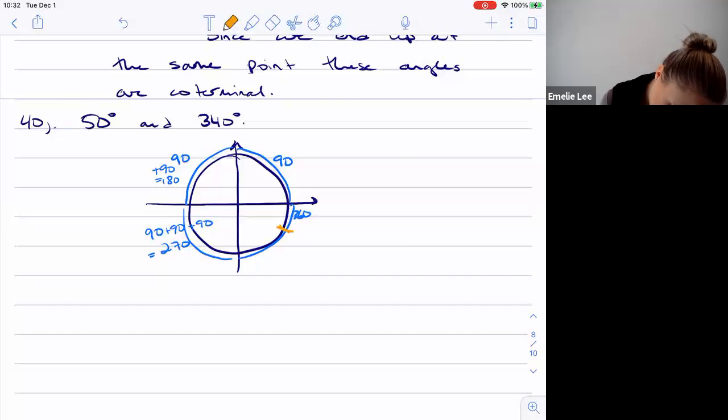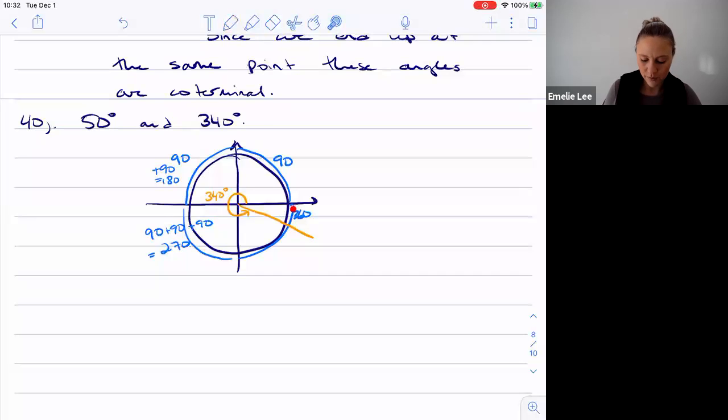So I'm going to end up going from here to here, let's say. So this is going to be 340 degrees, where, of course, my reference angle would be 20 degrees.